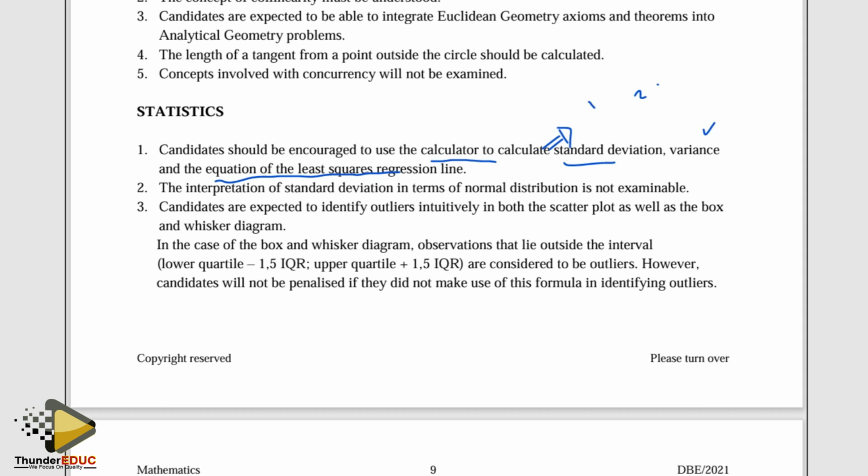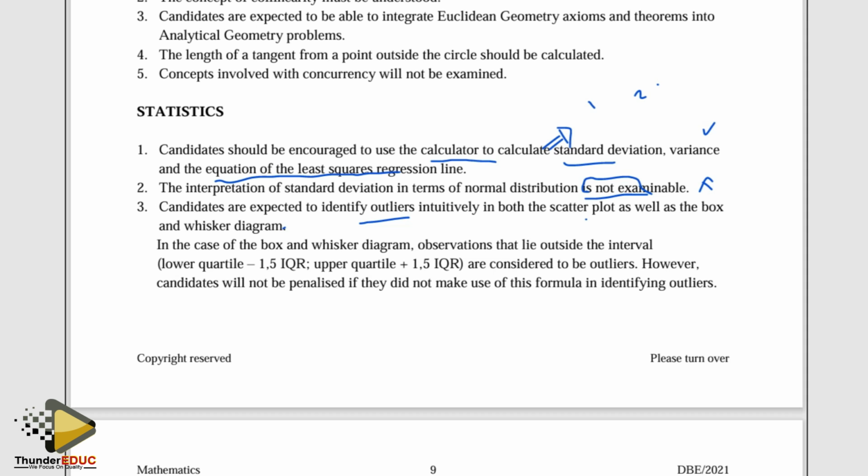Then 2, we need to know how to interpret the standard deviation in terms of the normal distribution. But this will not be examined. We don't need that. Candidates are expected to identify outliers using common sense, using the scatter plots as well as the box and whisker.